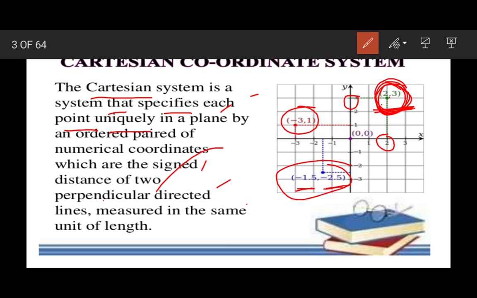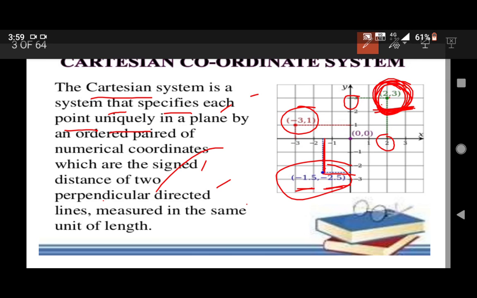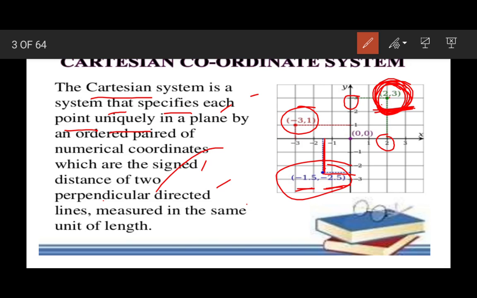So that means the point minus 1.5 will be here, and then minus 2.5 will be here. So this point is minus 1.5, minus 2.5. This representation is known as a Cartesian system.